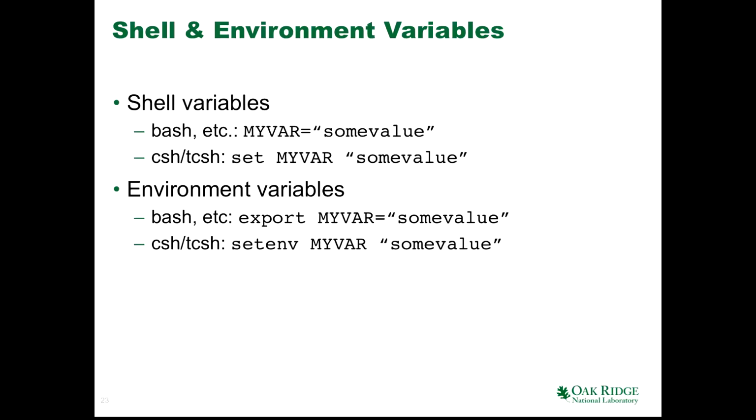For bash or Korn shell and similar shells, you simply add the word export before the variable name. So in my example there, export myvar equals some value. For C shell, you set them exactly how you set shell variables, except instead of using the word set, you use the word setenv, so set environment. So that part can be a little bit easier to remember.